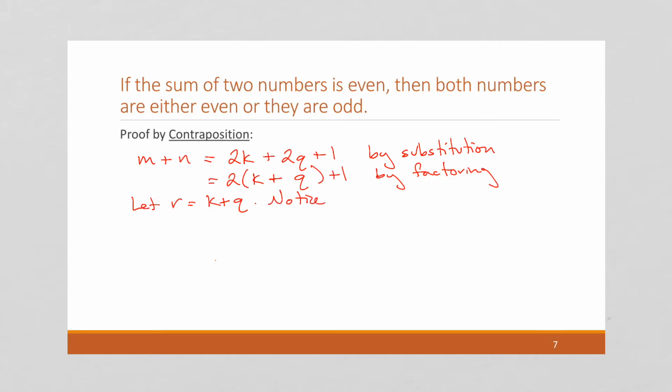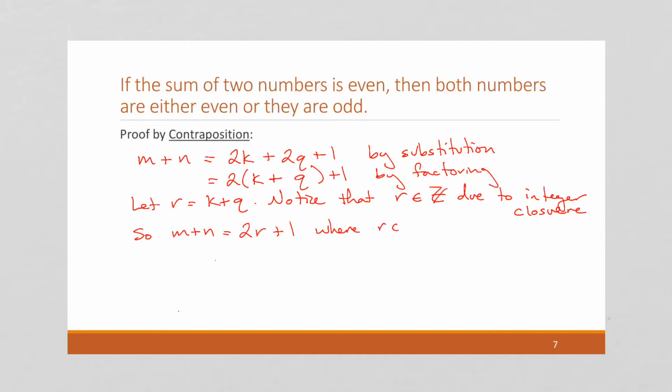Once again, we notice that r is an integer due to integer closure properties. So m plus n is equal to 2r plus 1, where r is an integer, which is odd by definition.